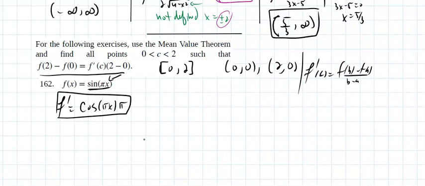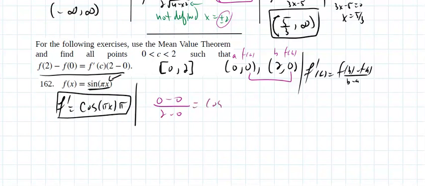Well, let's see how this is going to play out. What is the slope of the secant? That's f of a, and that's f of b. It's simply y2 minus y1 over x2 minus x1. And what's f prime of c? It's the cosine of pi c times pi. I want to solve that equation: 0 equals pi times the cosine of pi c. Divide by pi both sides.